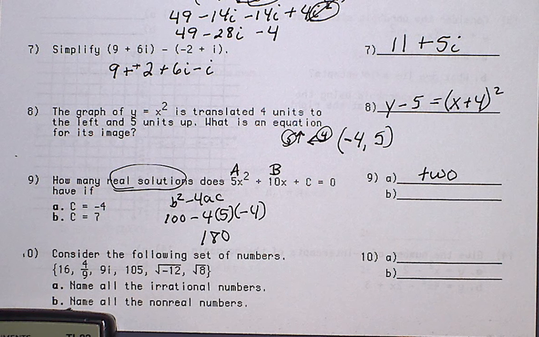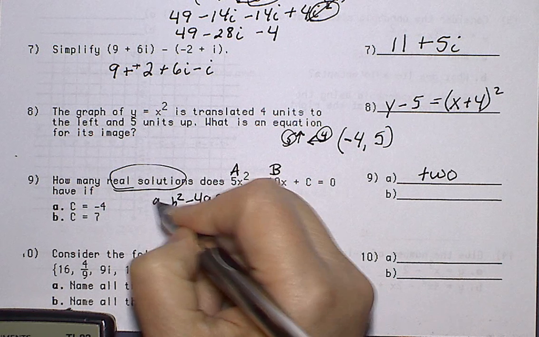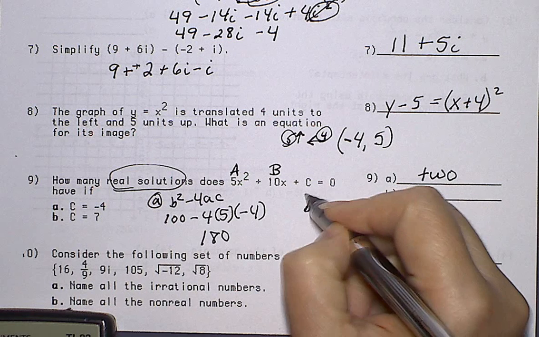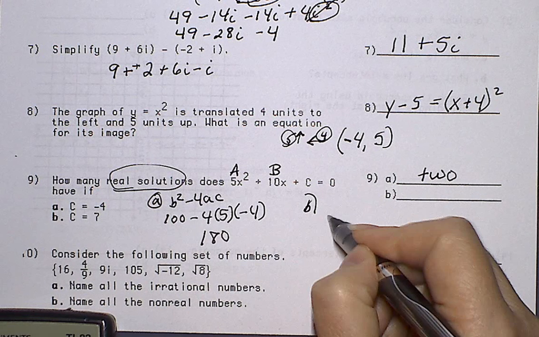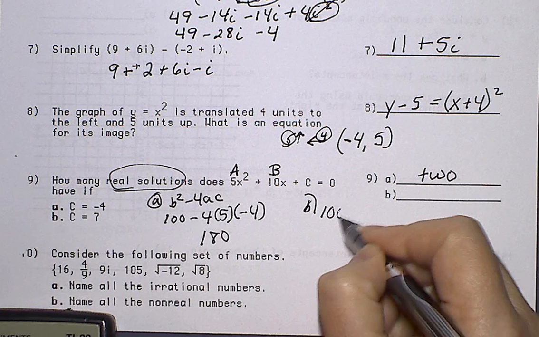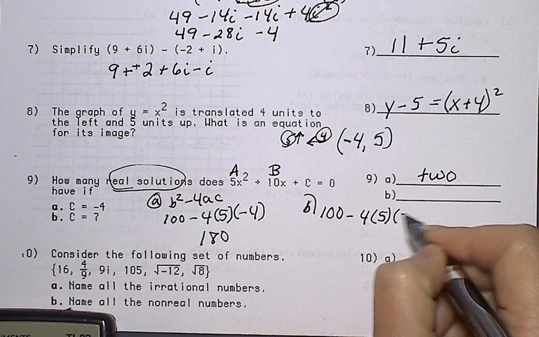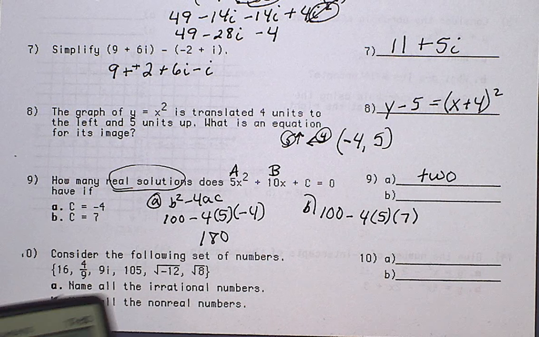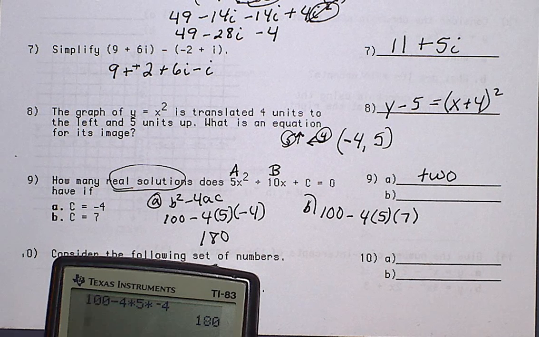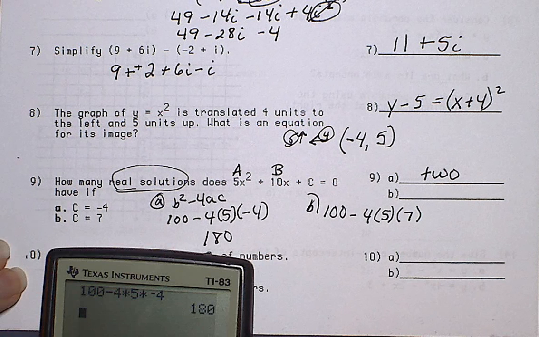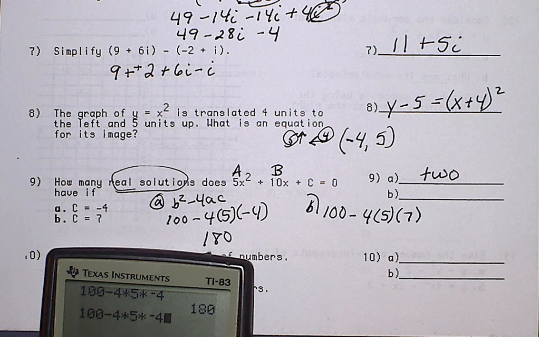So that was A. B says that b squared still is 100, minus 4a is still 5, but now c this time is 7. So I'm actually going to bring up what I just had and delete the negative 4, and put a 7 in there instead.